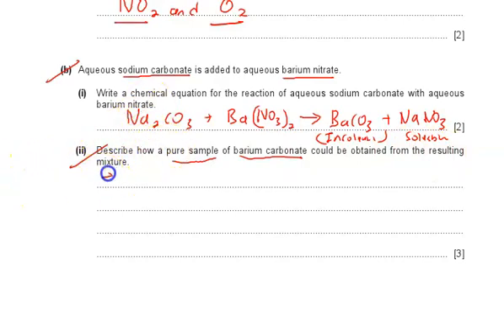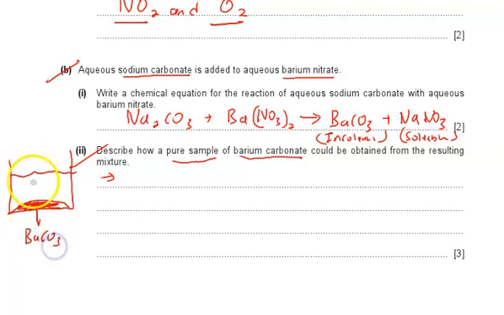Describe how a pure sample of barium carbonate could be obtained from the resulting mixture. Because the barium carbonate is insoluble, in the final mixture you will have a precipitate and an aqueous solution. The precipitate is barium carbonate, and the liquid is sodium nitrate. So you just have to filter it, because you need to obtain the barium carbonate.